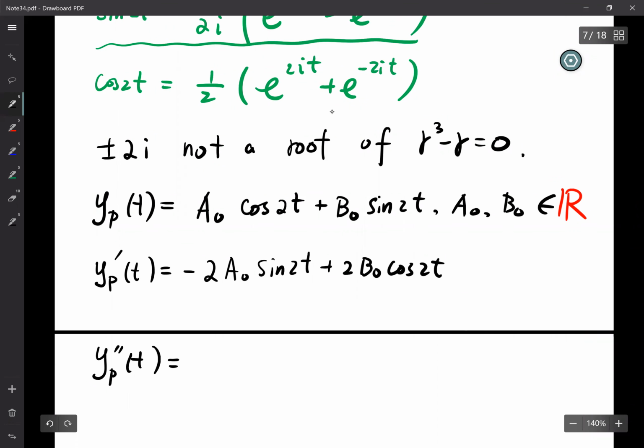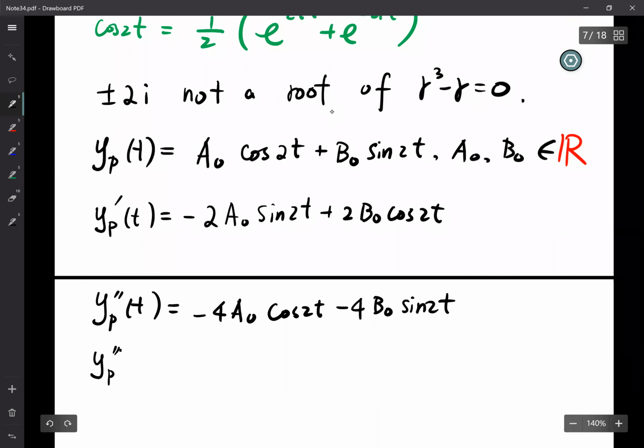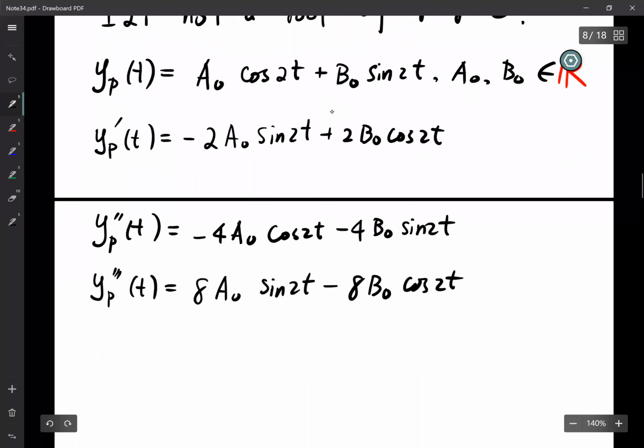So keep doing, yp double prime is minus 4 A naught cosine 2t minus 4 B naught sine 2t. Keep going, and yp triple prime is 8 A naught sine 2t minus 8 B naught cosine 2t. I'm just doing the computation. Any question?